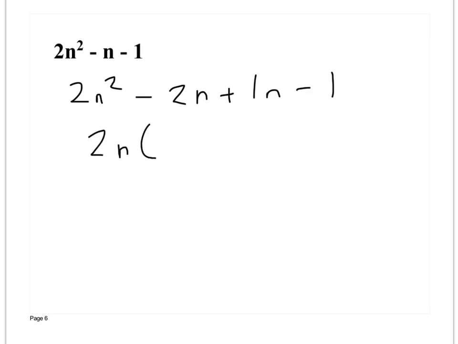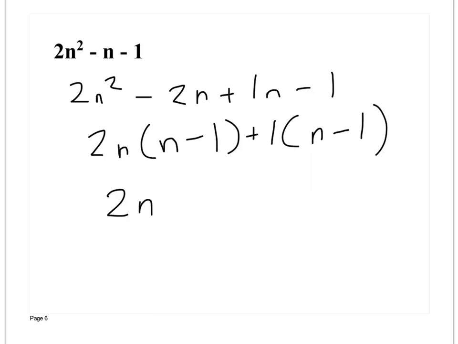N. What's left? N minus 1. What can I take out of 1n and negative 1? 1. What's left? N minus 1. There we go. 2n plus 1 times n minus 1. There's my answer.